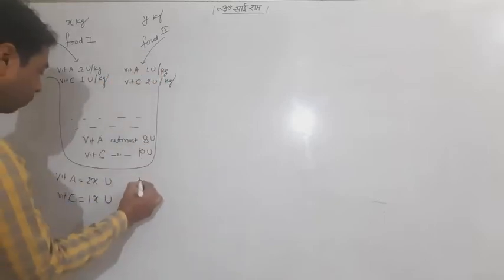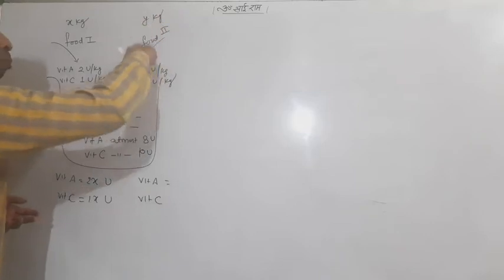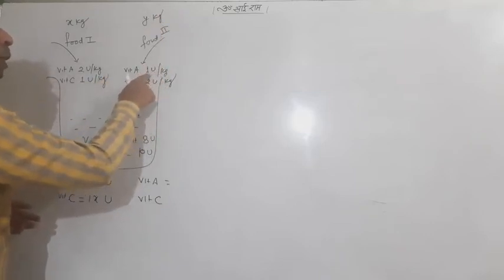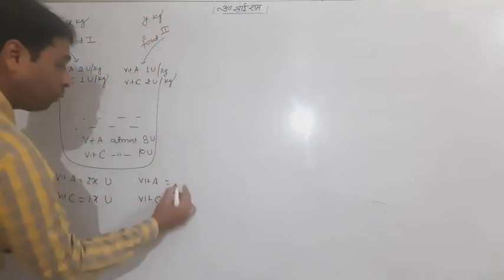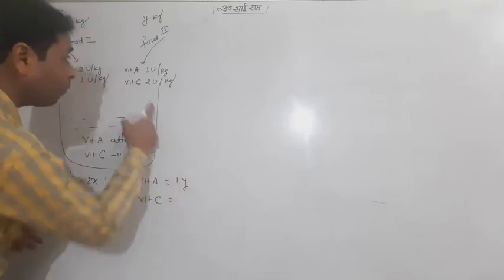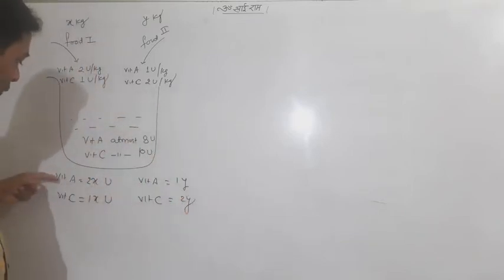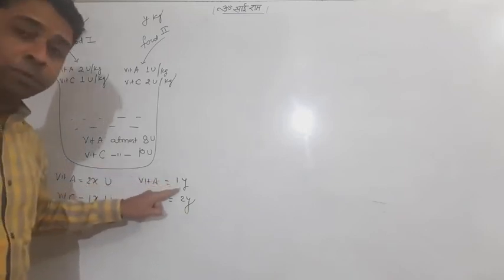Now for food 2, vitamin A and vitamin C are decided the same way. Suppose y kg is the total quantity of food 2, at 1 unit per kg. Vitamin A's quantity will be 1y. So we have vitamin A 2x and vitamin A 1y.